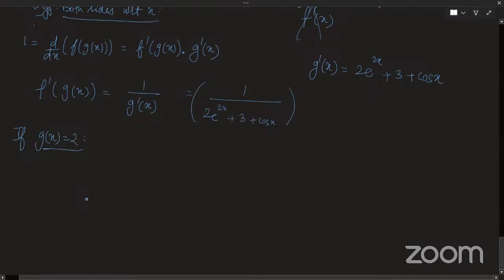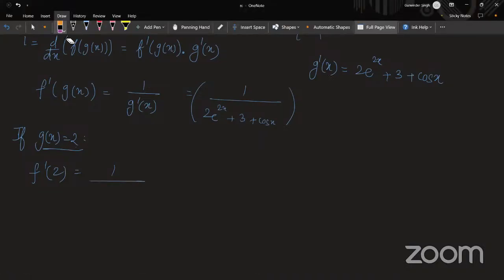If g of x is equal to 2, it will be f dash 2. Can I say this? So at any point x, it will be equal to f dash 2, and the same value of x I can put over here and get my final answer, right? Everyone?